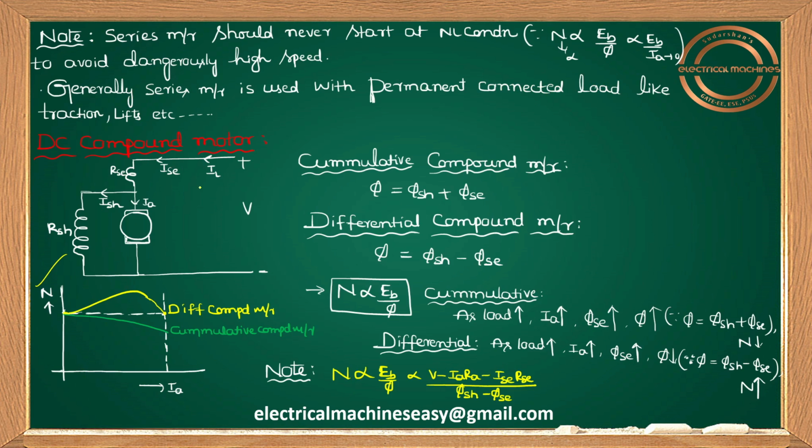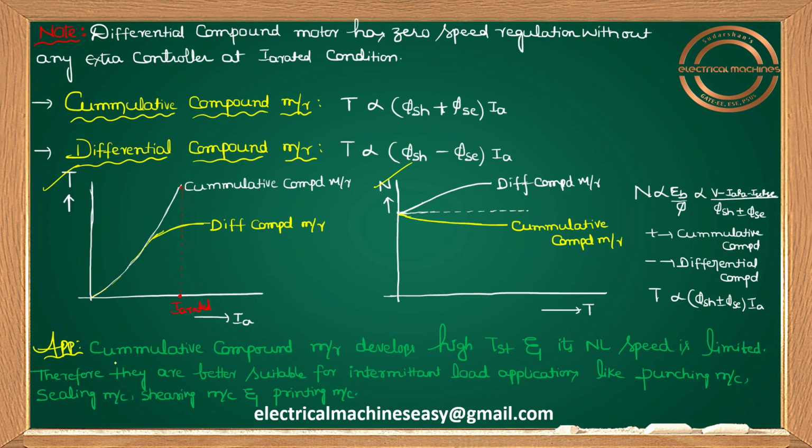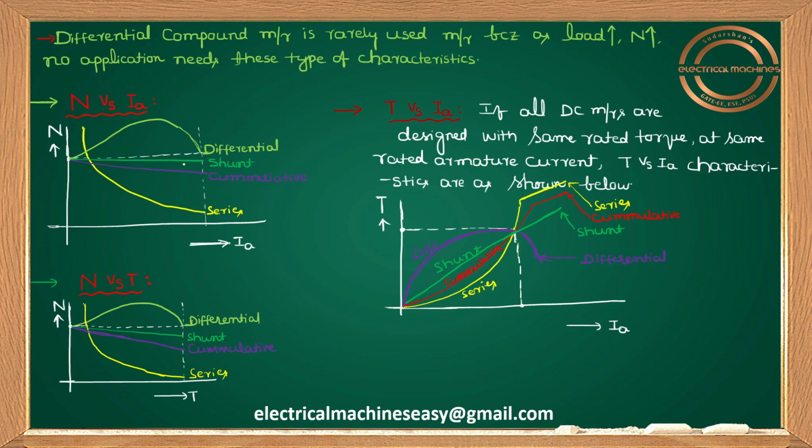In the DC compound motor, you have cumulative compound and differential compound. For cumulative compound and differential compound, once again I will discuss N versus IA, N versus T and T versus IA.